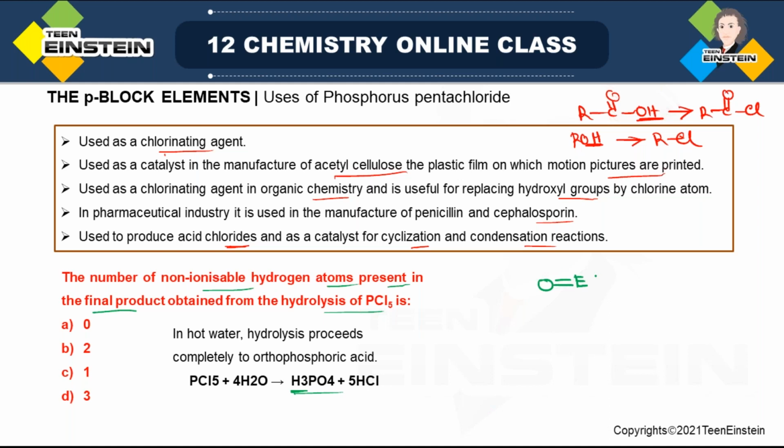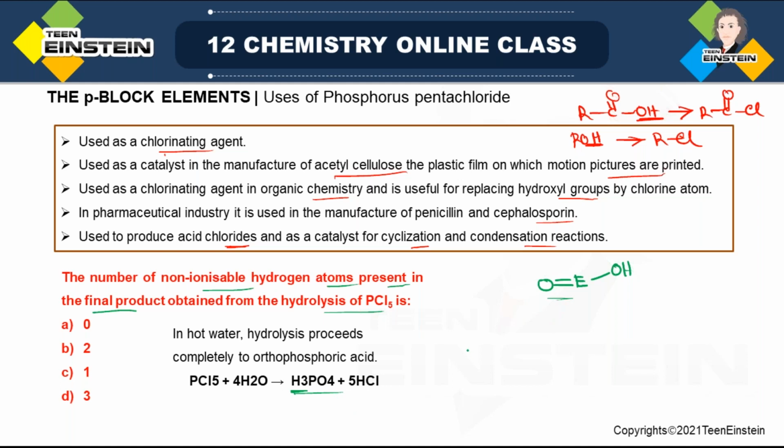In some cases there is also the presence of OH, and some hydrogens directly attached to E, but it may vary. But the bond that must be present is E double bond O, this will always be present.